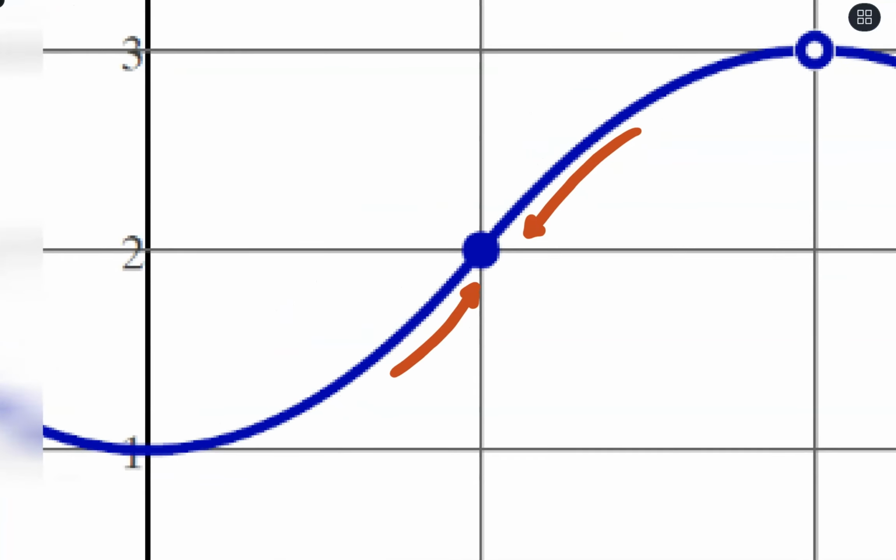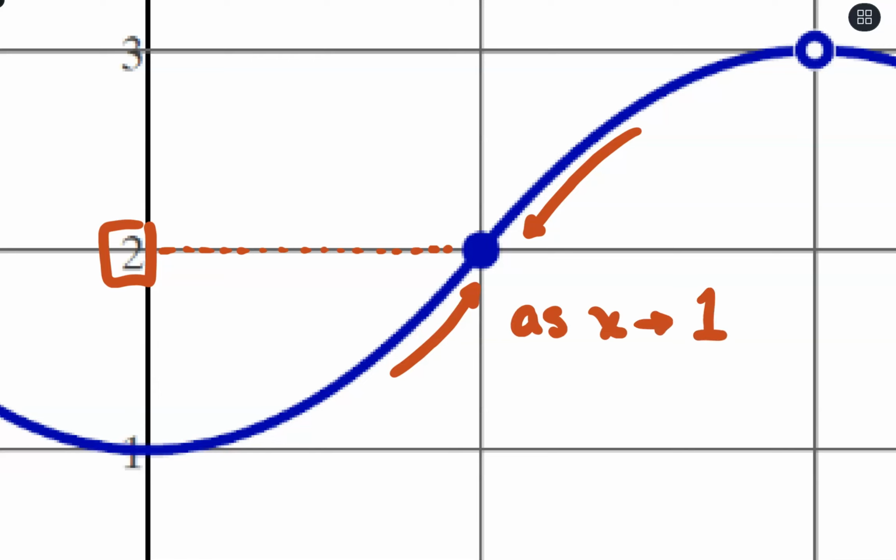So if I go to the actual function, the idea is what's happening as we get closer and closer to that point from the left-hand side and from the right-hand side. Now, in this case, that point is defined, so it's fairly straightforward. The solution that we want is to map to the y-axis and get our y value out. So this is showing me that as x approaches 1, f of x is getting closer and closer to 2.